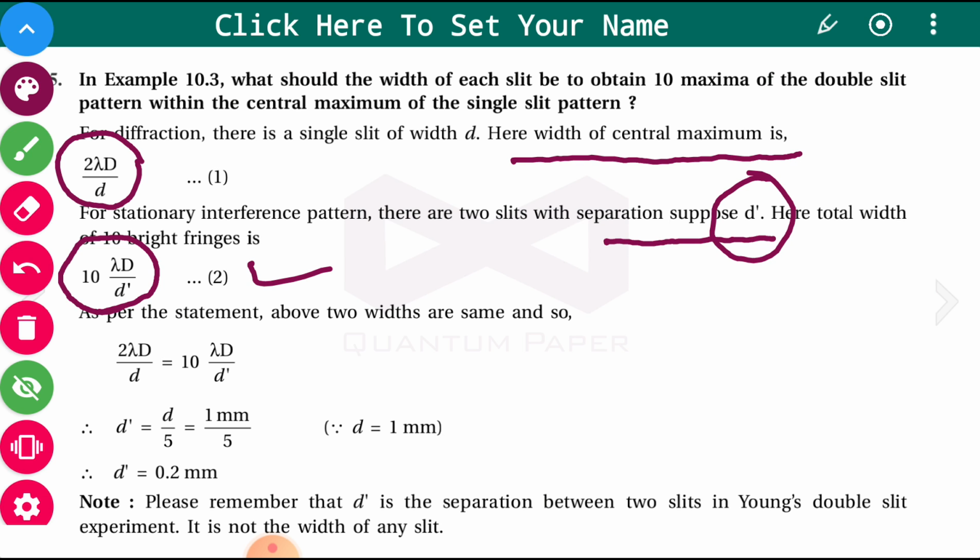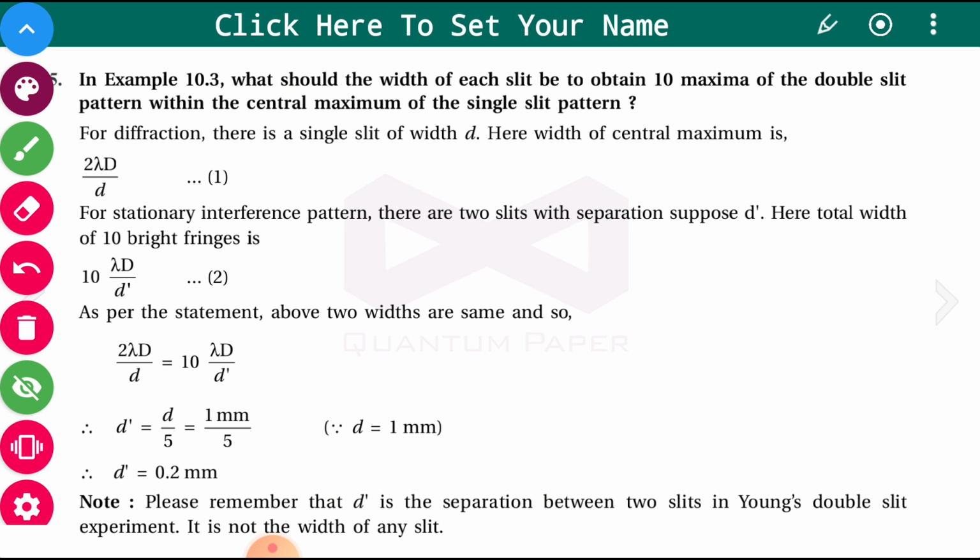Now the condition which is given to us is that the width of the central maximum of the diffraction is 10 times the width of the fringes which are there in the interference. So we can write the first equation equal to the second: 2 lambda capital D upon d is equal to 10 lambda capital D upon d prime.